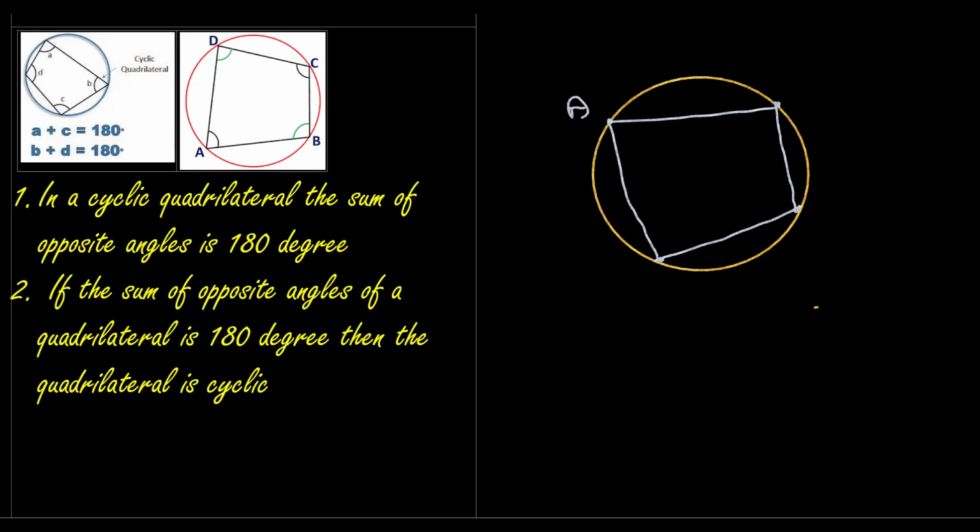And if I name this ABCD, as you can see, all four vertices are on this circle. So it is a cyclic quadrilateral.